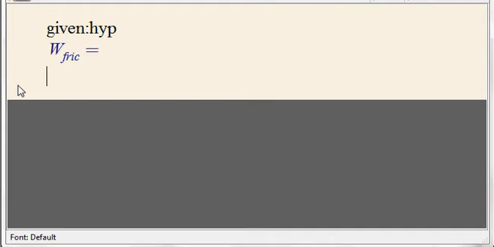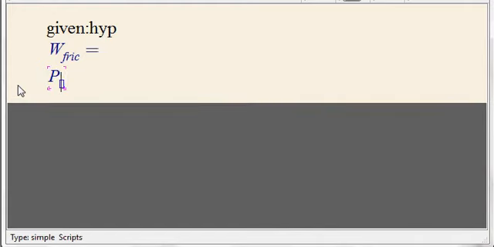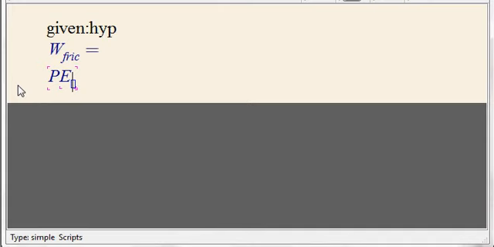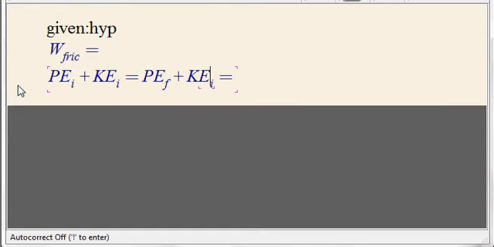If this were just plain conservation of energy, you would say the initial kinetic and potential energy are equal to the final potential and kinetic energy, which would just look like this. But since we have friction involved here, we have to add or subtract it on one of the sides.